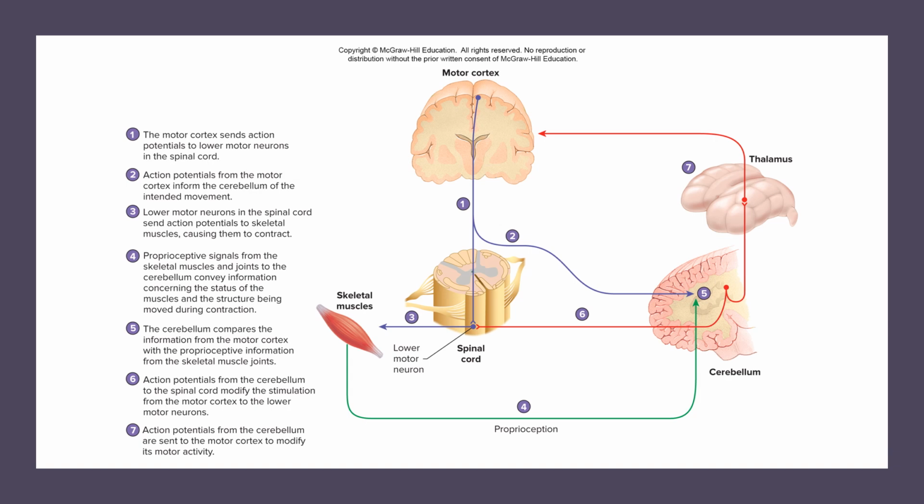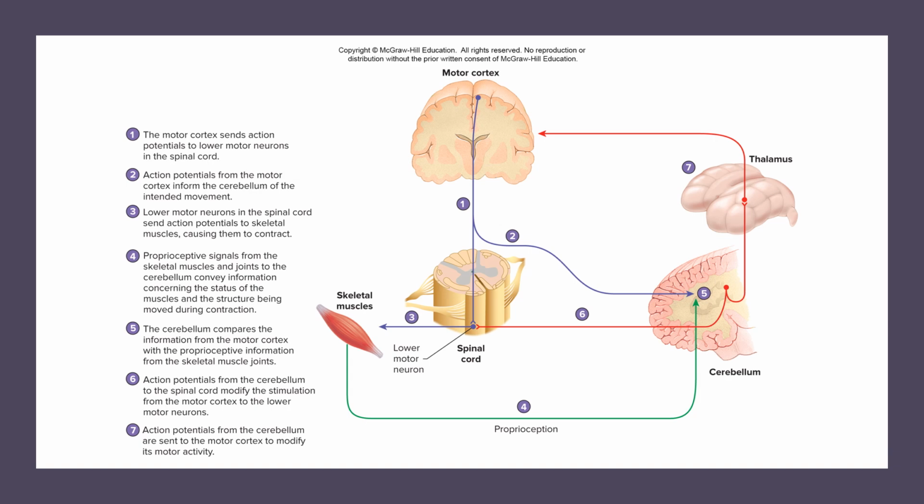So this is actually how proprioception naman happens, okay, when it comes to the different pathways. One, the motor cortex sends action potentials to lower motor neurons in the spinal cord. Two, the action potentials from the motor cortex inform the cerebellum of the intended movement.